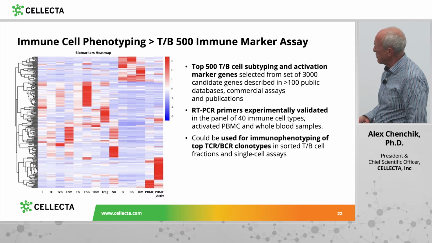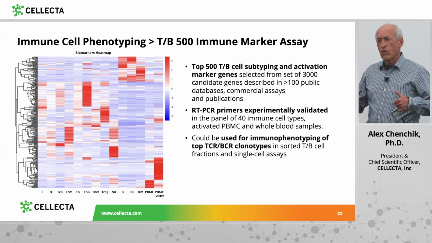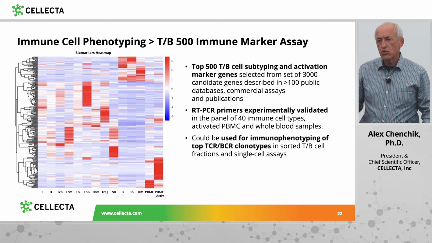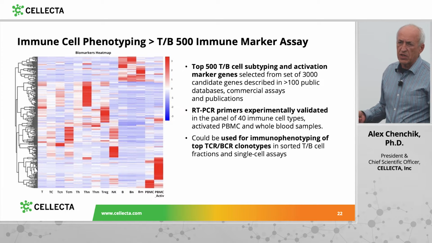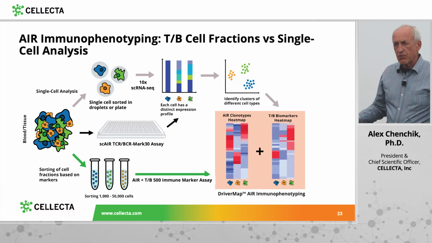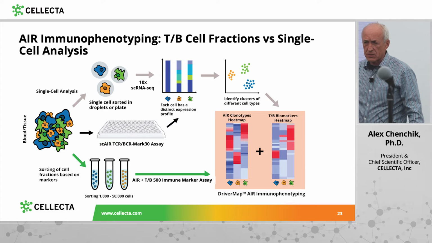We believe that this type of assay can be used in combination with single cell or bulk profiling or profiling in immune cell fractions in order to get some information about the phenotype of the cells. And the logic of this type of screen is the following. For example, on the top you can see here it's the 10x strategy.